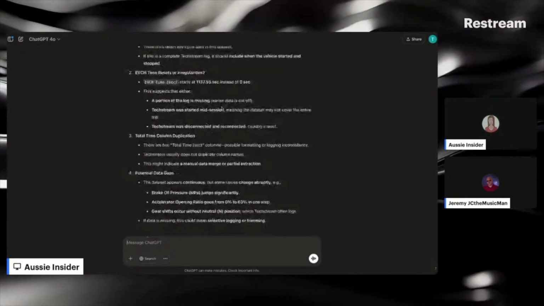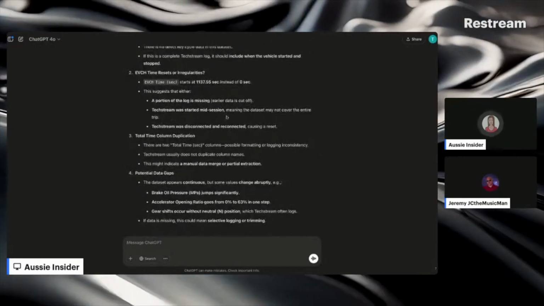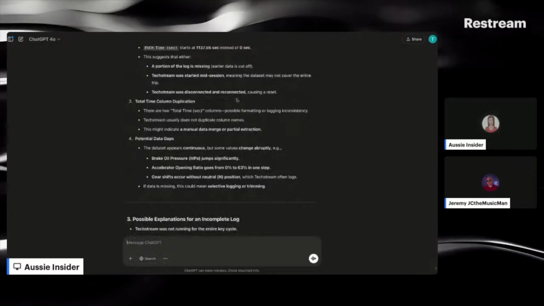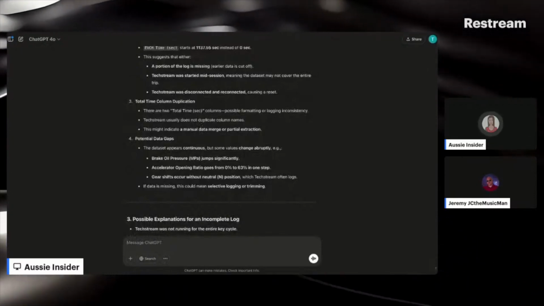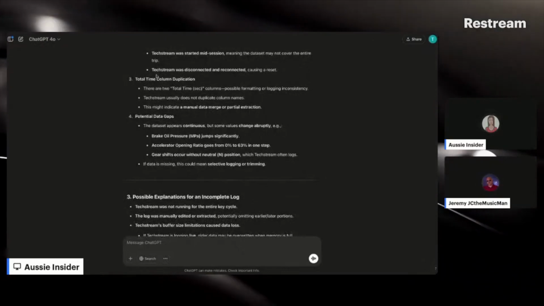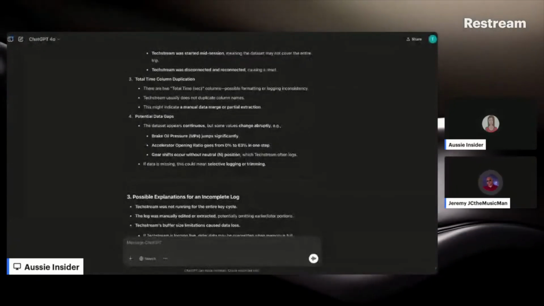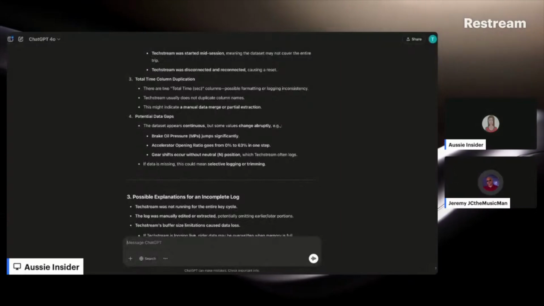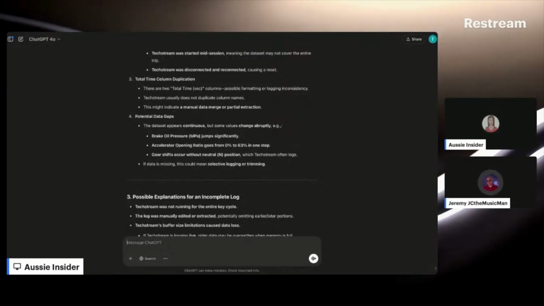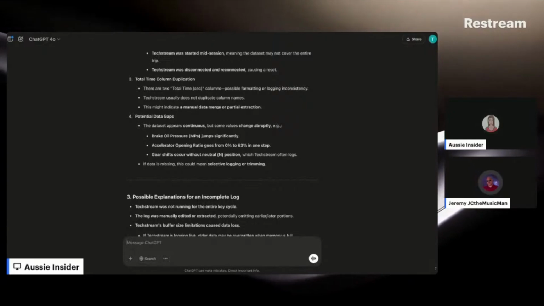This suggests either a portion of the log is missing and earlier data is cut off, TechStream was started mid-session, meaning the data set may not cover the entire trip, or TechStream was disconnected and reconnected, causing a reset. In other words, it's another piece of inconsistent data that at face value may have passed the test, but when you dig into it, as in a murder case, it's not passing the smell test here.